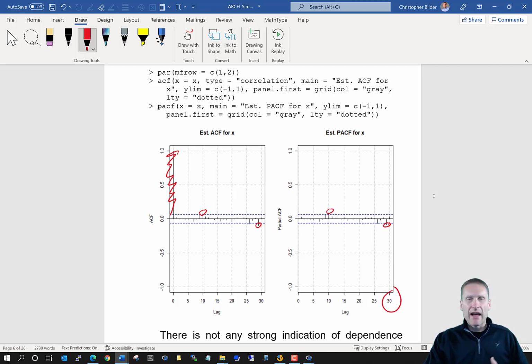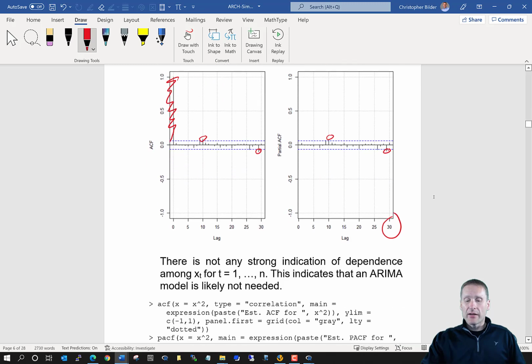And notice I'm going up to lag 30 there, so it wouldn't be necessarily unusual to have some that are slightly outside of that plus or minus 1.96 divided by square root of n range. I'm not worried about this. I think I have pretty much what looks to be white noise, except for perhaps the variance aspect.